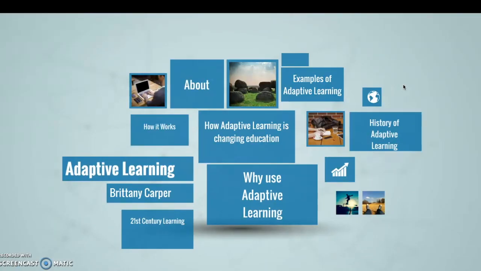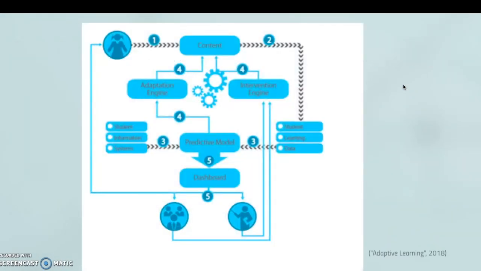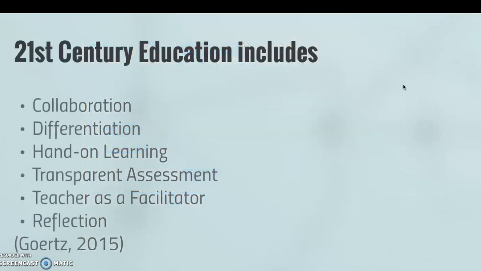Next, we will look at 21st century learning and how adaptive learning ties into that. With the shift in education towards 21st century learning, a shift needed to be made to help with this. 21st century education includes collaboration, differentiation, hands-on learning, transparent assessment, the teacher as a facilitator, and reflection.